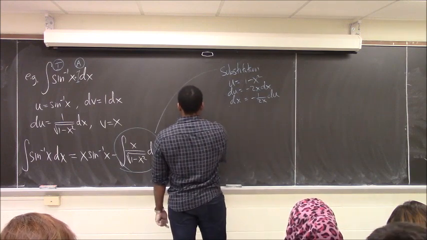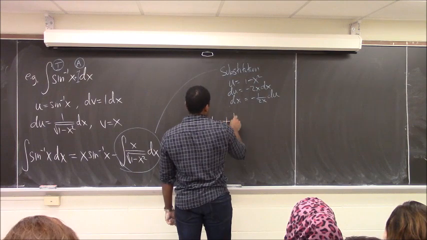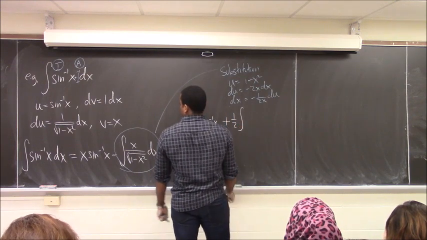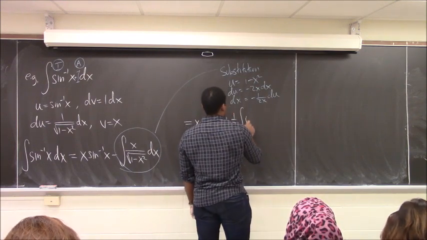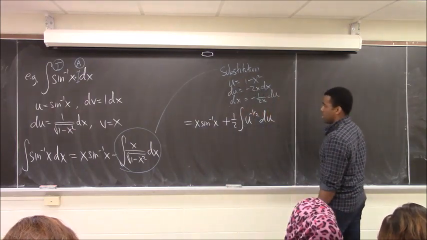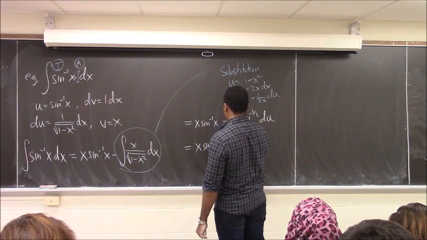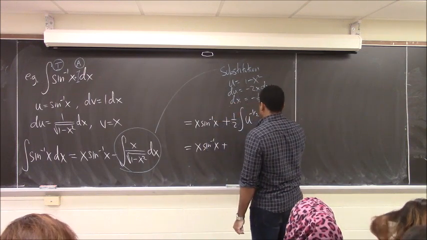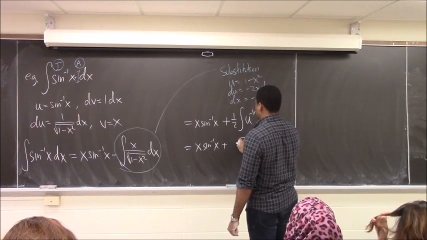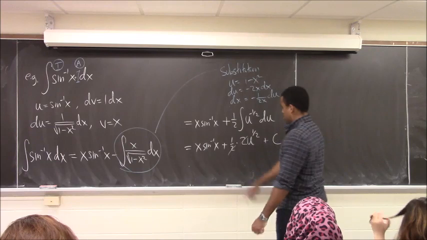Ultimately, this would become x sine inverse of x minus, will now become plus, the integral of 1 over radical u. So it'll become that guy. Add 1 to the power, divide by the new power. The 2's would cancel.